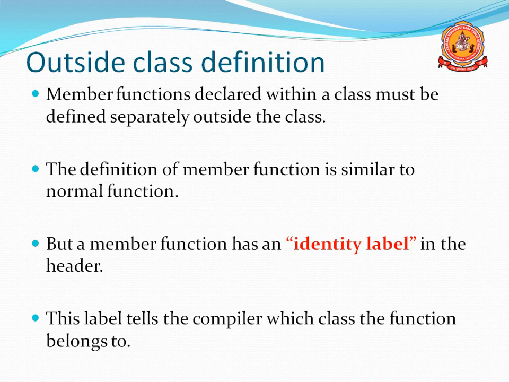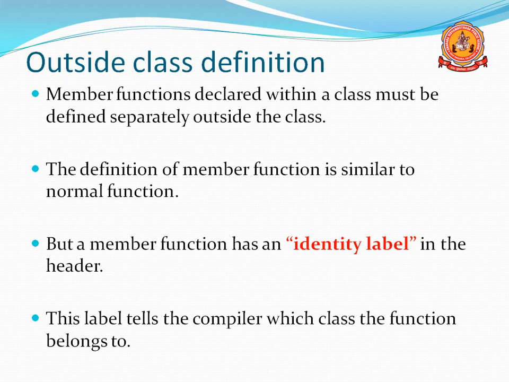The definition of the member function is similar to a normal function. Normal functions, how you write them, write the same way. But the member function has an identity label in the function header, which is the class name. You should mention which class the function belongs to. That is the identity label.